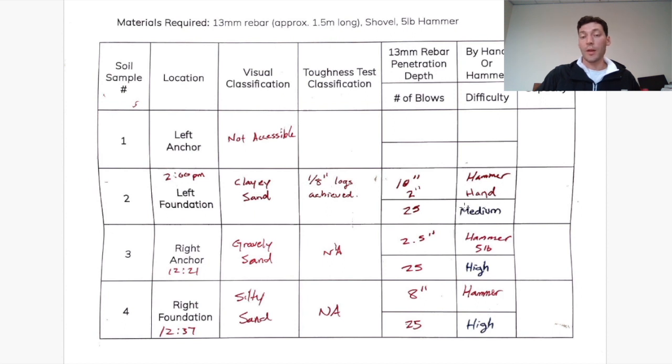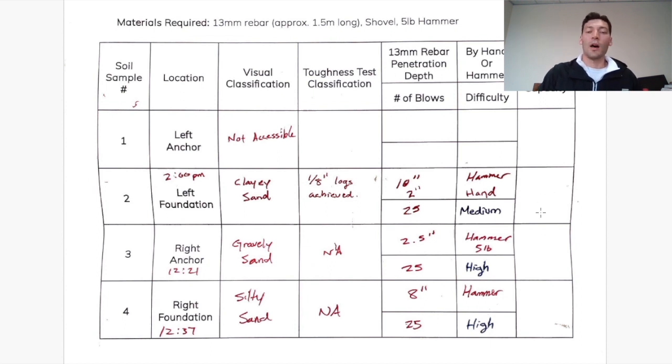But the hammer made it 10 inches with medium difficulty. So you'll see why these numbers are important, as I'll explain that in the next video, showing you how to interpret this data and estimate a bearing capacity of your own.